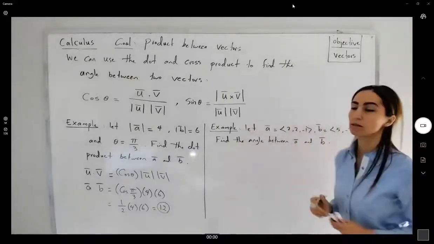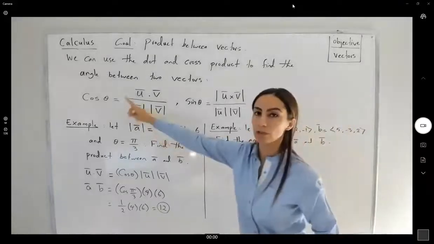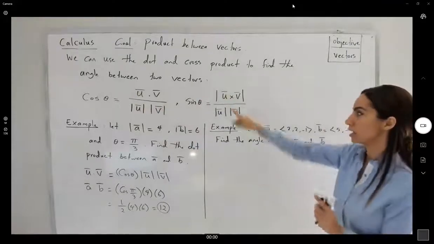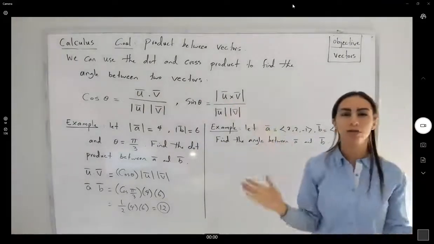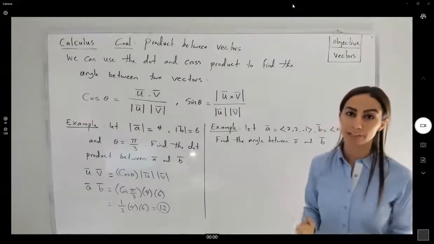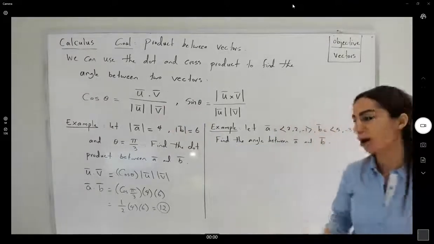To find the angle between A and B, we can use either the first formula or the second formula. Just note that if you want to use the second formula, you have to find the cross product between these two vectors. So of course, it's easier to use the dot product.